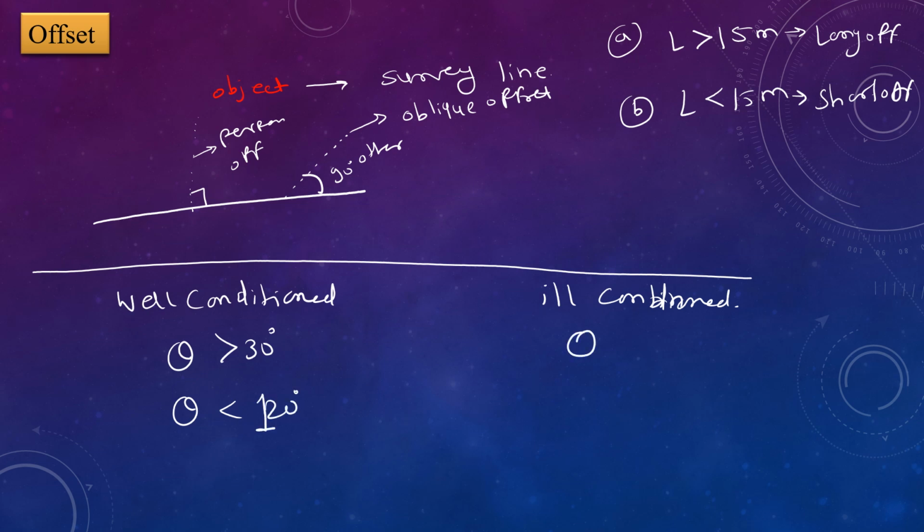If the angle is less than 30 degrees or greater than 120 degrees, this is nothing but an ill conditioned triangle. Well conditioned means theta is greater than 30 degrees and theta is less than 120 degrees.